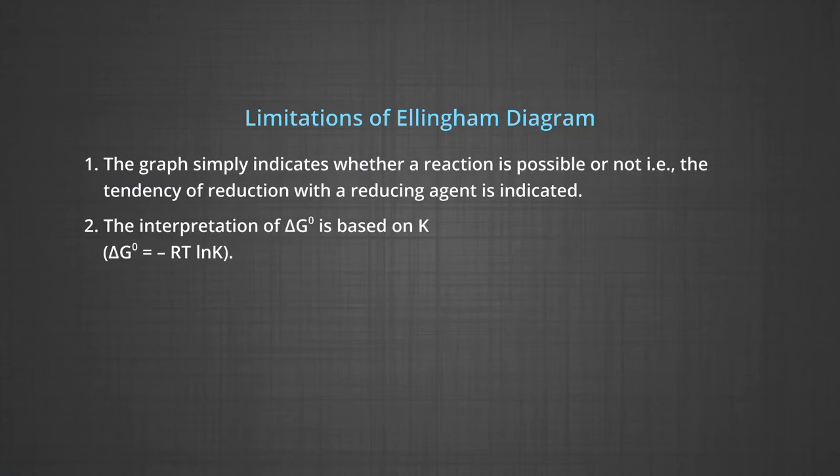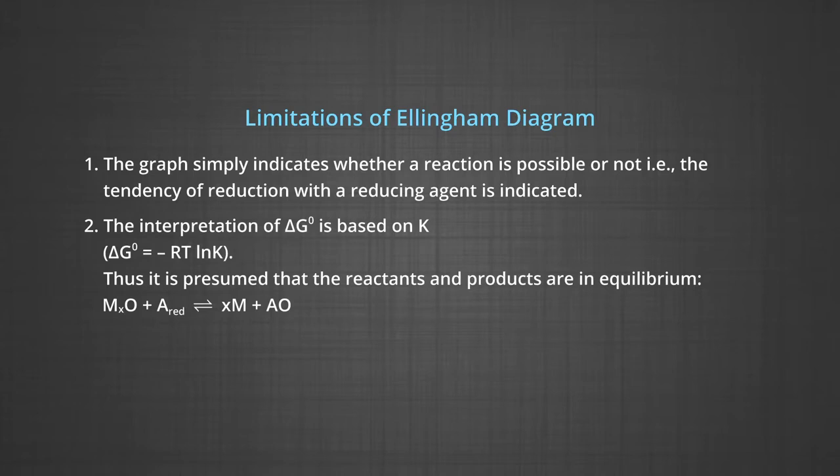The interpretation of delta G naught is based on the equilibrium constant K. Thus, it is presumed that the reactants and the products are in equilibrium. For example, metal oxide plus a reducing agent A are in equilibrium with metal plus oxide of A. This is not always true because the reactant or product may be solid.